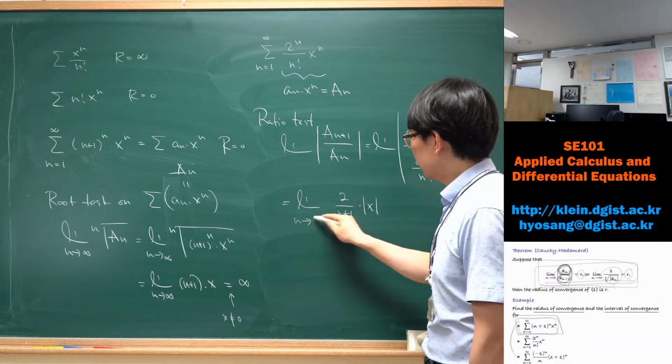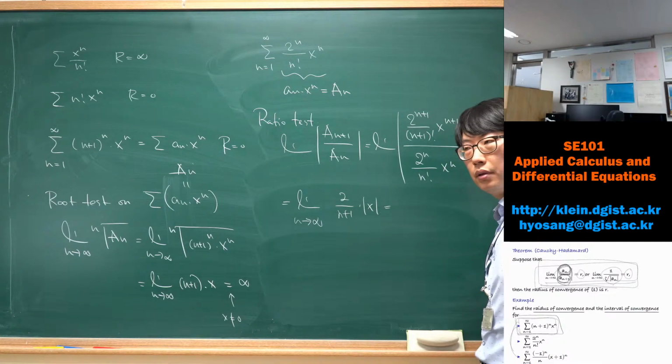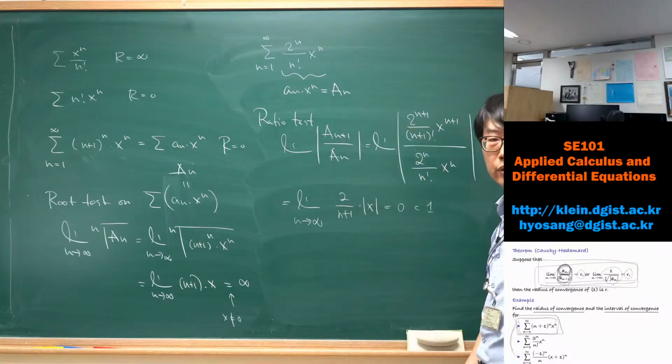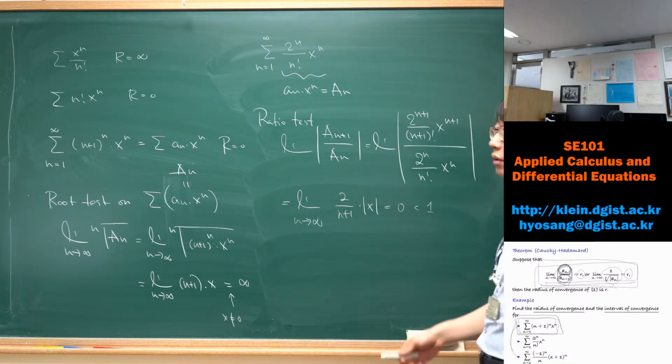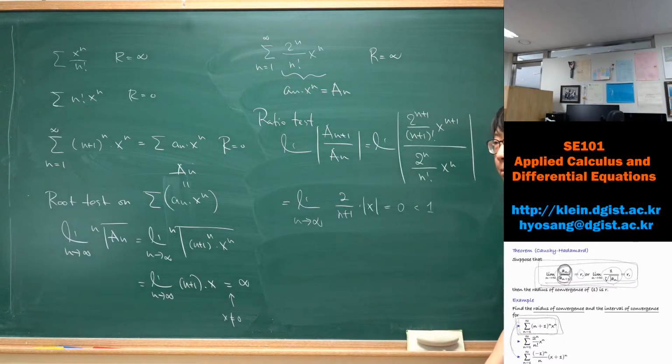Okay. What's the limit? It's infinity... rather, as the ratio shows, it is always less than 1, which means that this series always converges. So no matter what the value of x is, it always converges, which means that the radius is infinity.